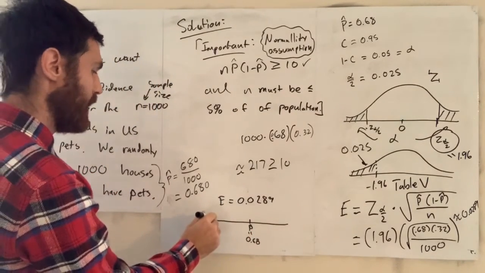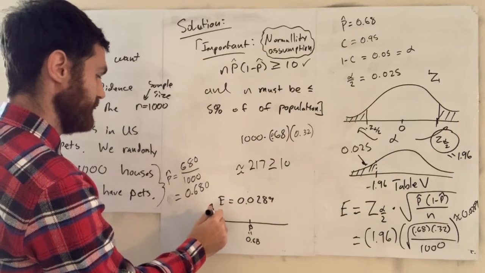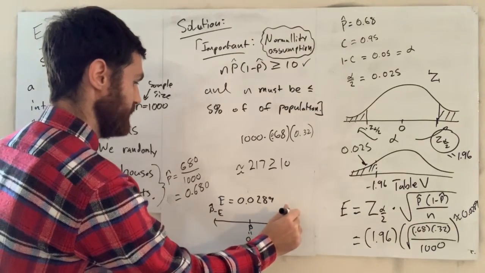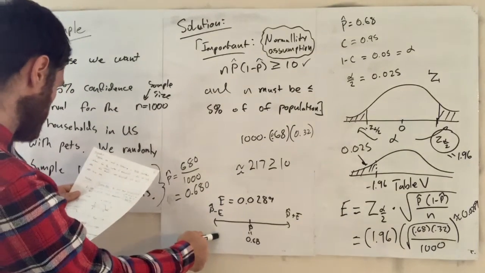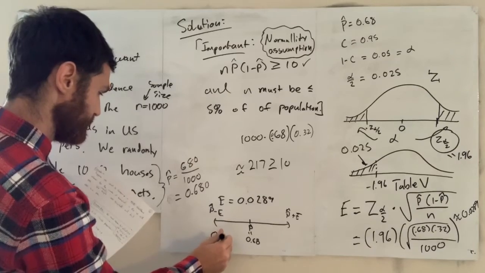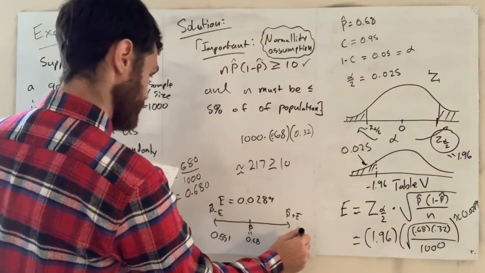And then I'm going to go out p hat minus e and p hat plus e. And it turns out that this value is going to be about 0.651, and this value is going to be about 0.709.